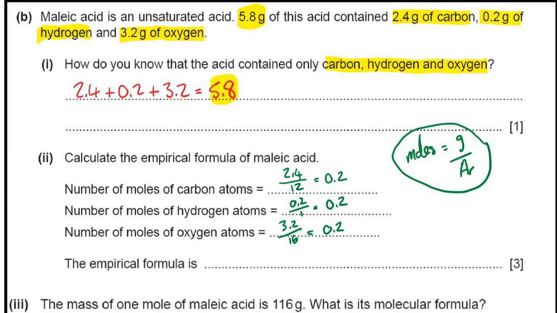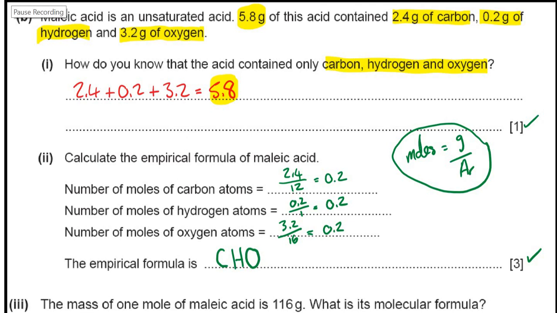And you'll see, look, that they've got the same mole ratio. So therefore, the empirical formula is just CHO. Because if we follow the last step, which is divide by the smallest, which is 0.2, we're dividing them all by themselves. So it's a 1-to-1-to-1 ratio. So you can see now we've got 4 marks.